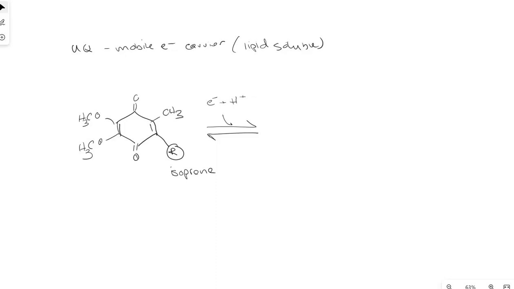So if I illustrate this as UQ, we get a semiquinone intermediate, which involves an oxygen radical, and we get full conjugation of the semiquinone intermediate, and the hydrogen gets picked up by the opposite oxygen in the form of a hydroxyl, and I haven't left myself much room, unfortunately.